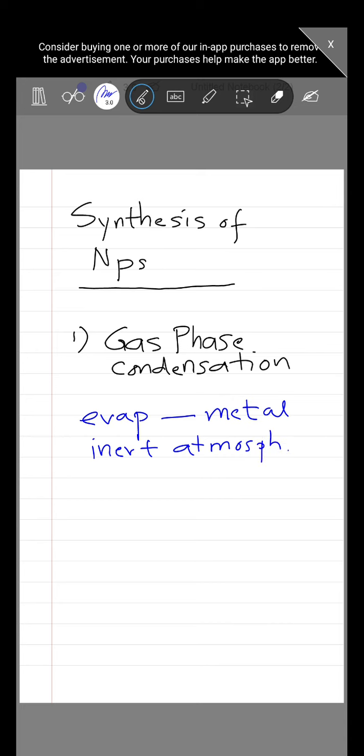Then allowing it to condense on the surface of a cold finger, it is called.